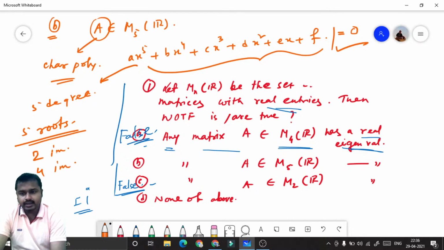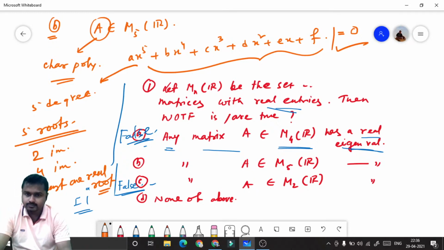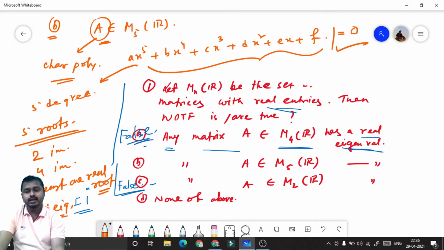In either case you are getting at least one real root. One real root means there will be at least one eigenvalue of this matrix A which is real. There may be three real eigenvalues, but at least one real eigenvalue is guaranteed. Thus your option B is a true option.